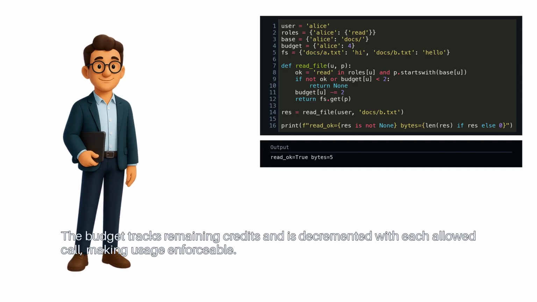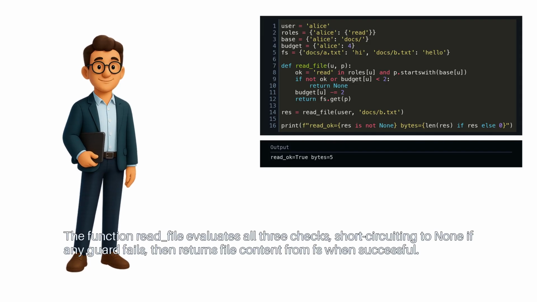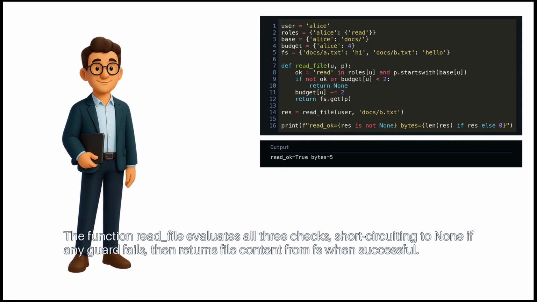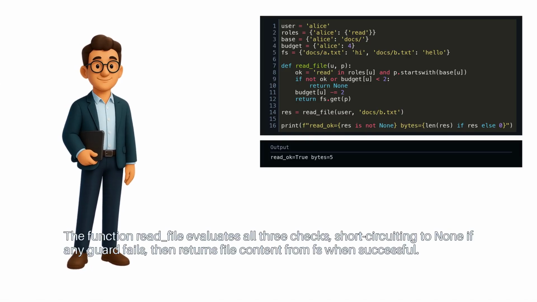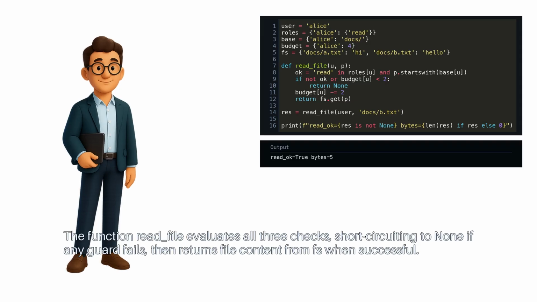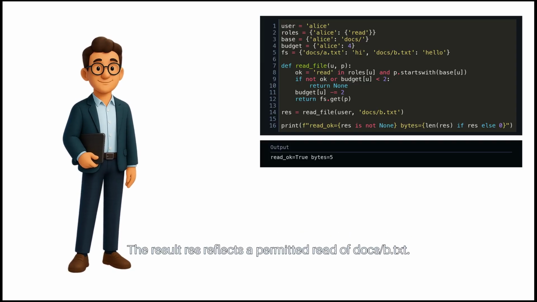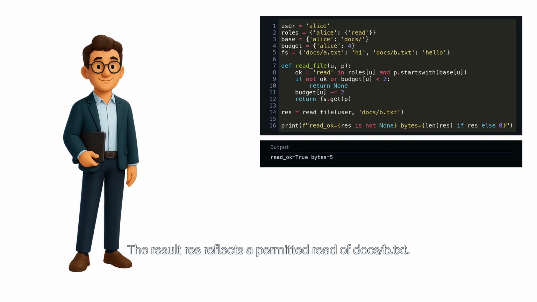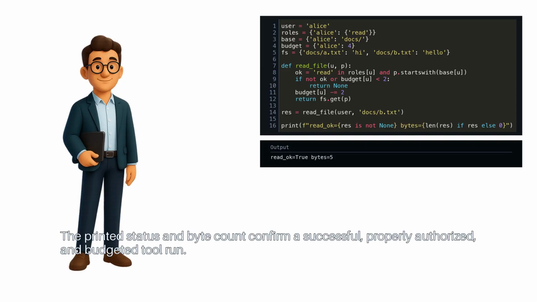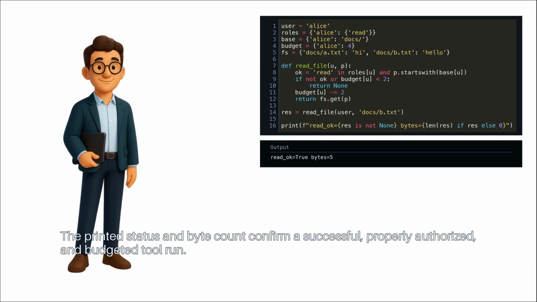The budget tracks remaining credits and is decremented with each allowed call, making usage enforceable. The function read_file evaluates all three checks, short-circuiting to None if any guard fails, then returns file content from FS when successful. The result, res, reflects a permitted read of docs/b.txt. The printed status and byte count confirm a successful, properly authorized, and budgeted tool run.